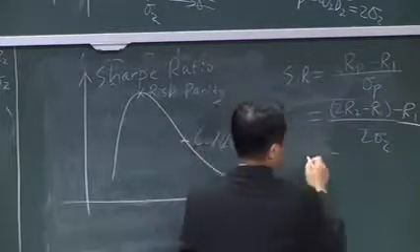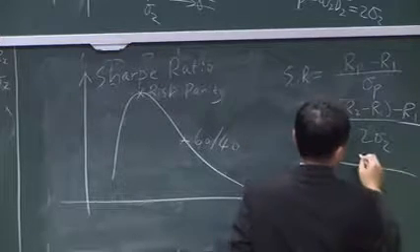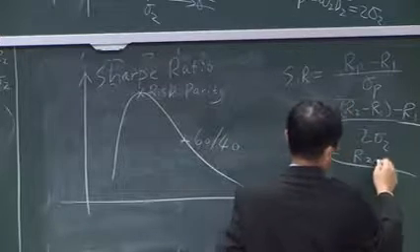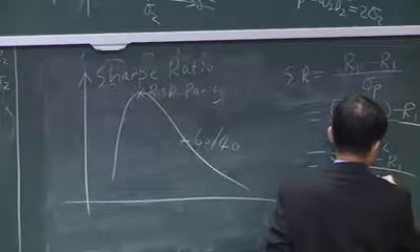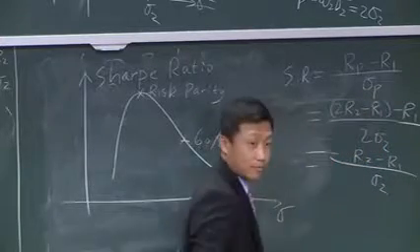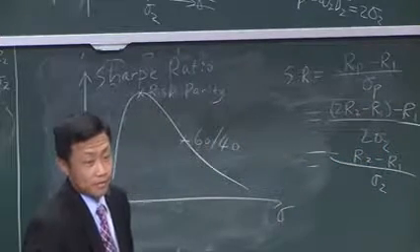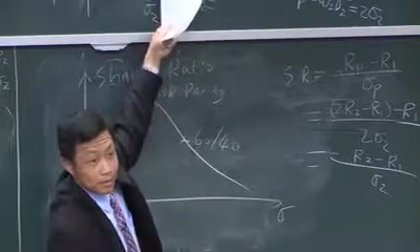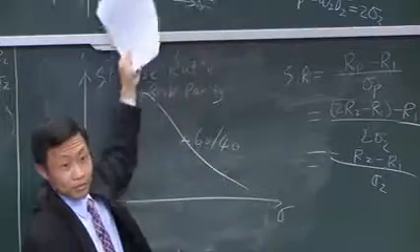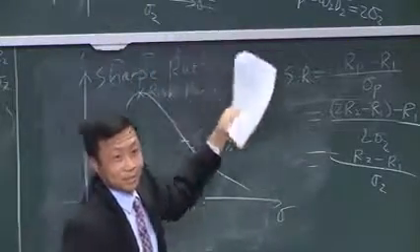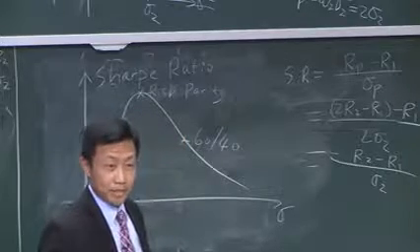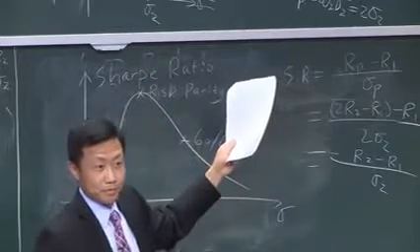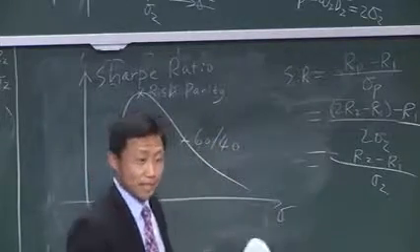When you leverage up. So this equals R2 minus R1 divided by sigma 2. So that's the same as you at this point. That's essentially the slope of the whole line. It doesn't change. Okay, so now you can see the connection between the slope of this curve and the Sharpe ratio and how that links back to beta.